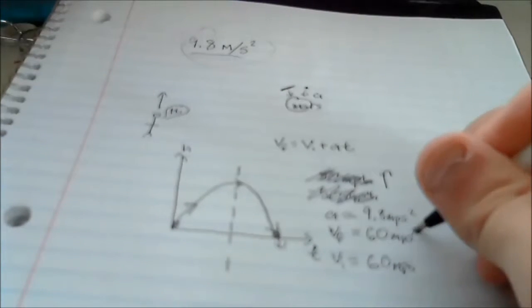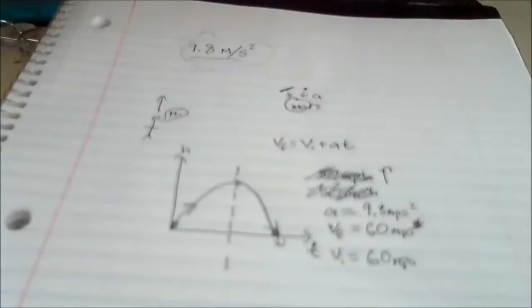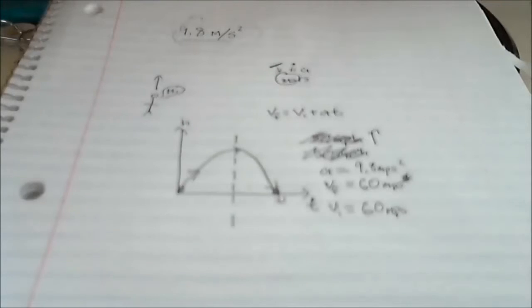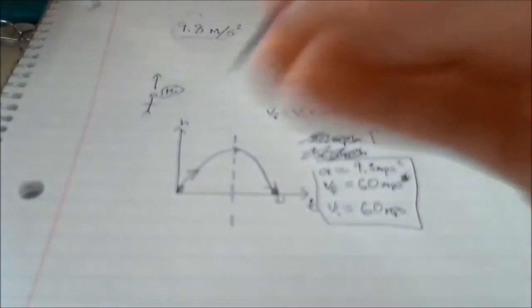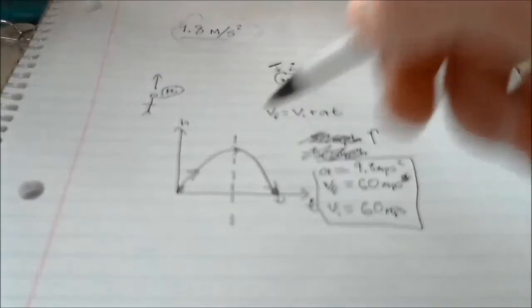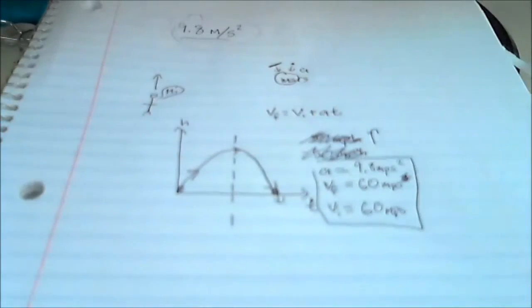It's not squared because it's not accelerating. These are velocities, and acceleration is change in velocity over time. We're going to get into that when we start looking at derivatives of motion, or time derivatives. So this is the information that we have, and I want to find how long it'll take for the ball to go up and then back down.